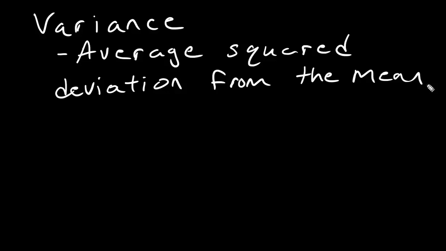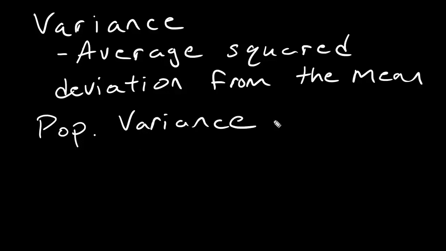And there are two types, as we saw with our mean, right? We've got two formulas for essentially the same thing, depending on whether we're dealing with population data, so a parameter, or if we're working with sample data, which would make us be dealing with a statistic, right?